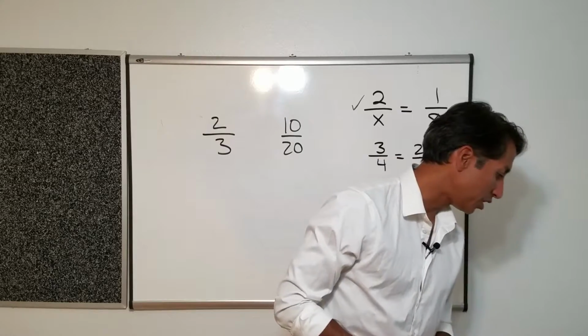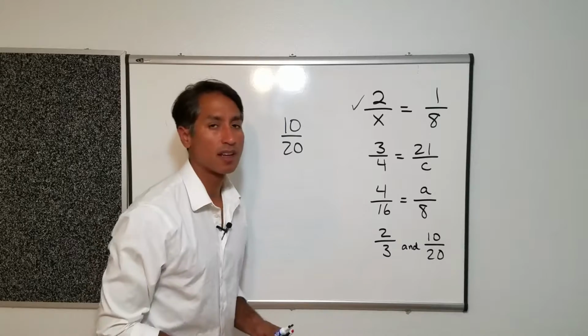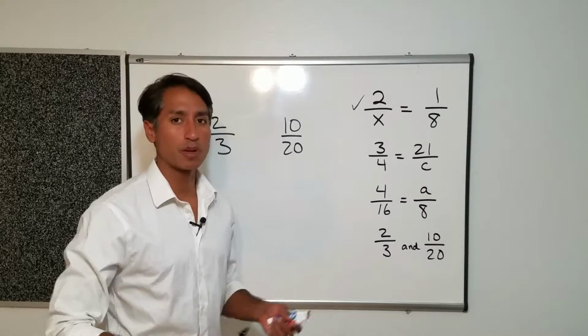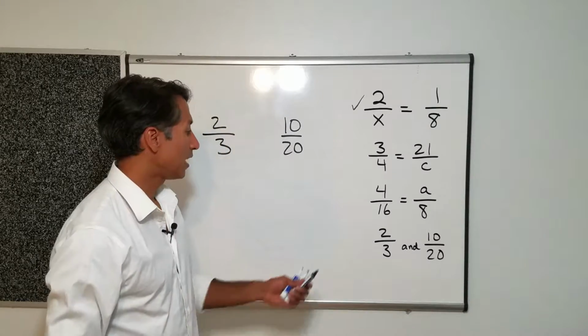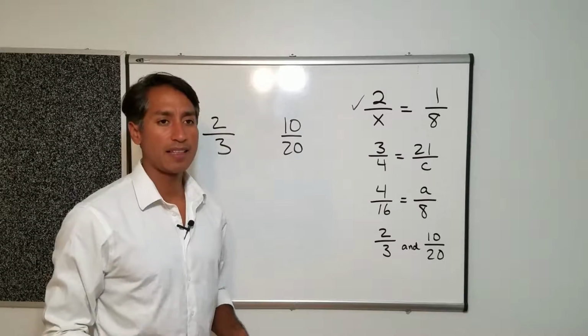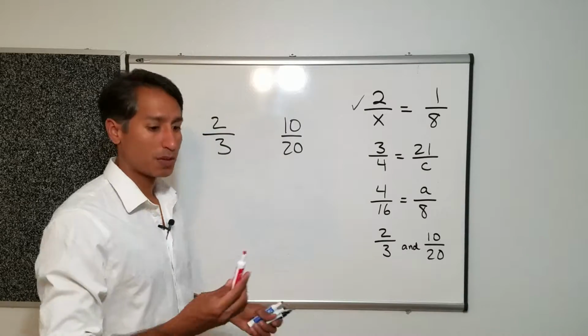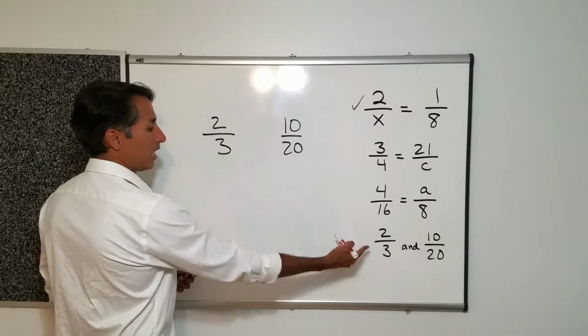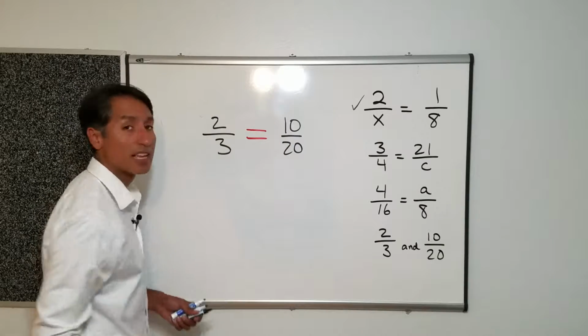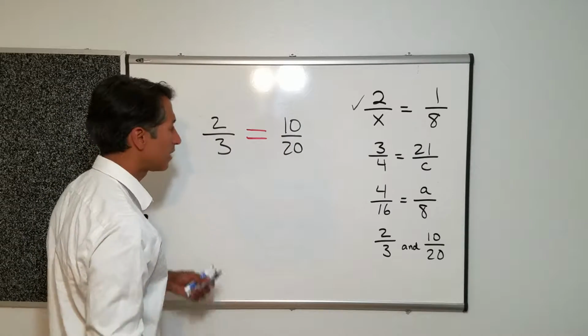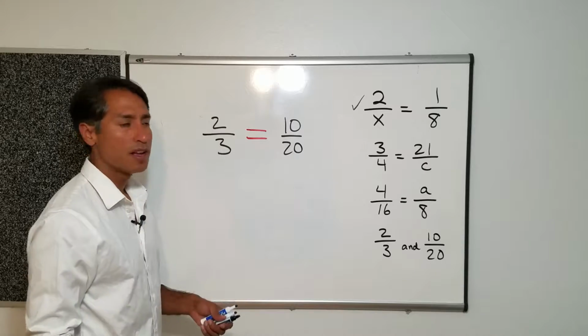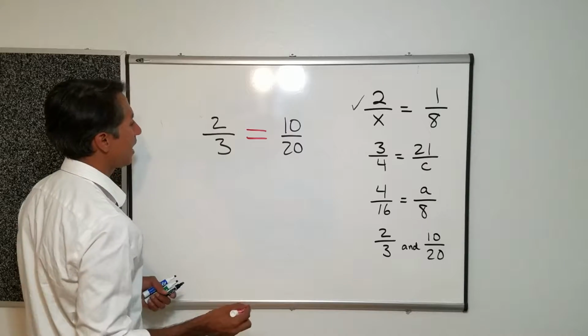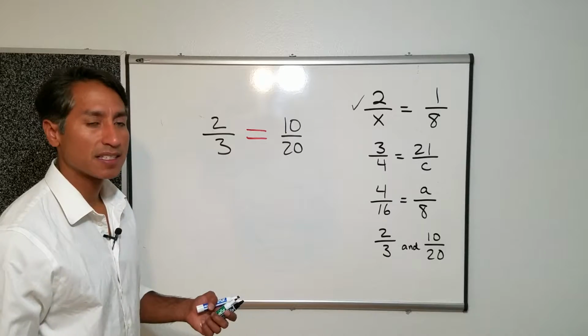Tell whether the two ratios form a proportion, and then they want you to explain. So they give you the two fractions, and then they ask you whether it creates a proportion or not. Take them, put an equal sign in between, and then see if there's something that you can multiply by and come up with something similar.